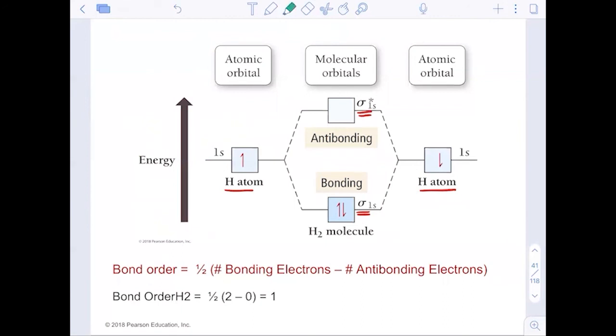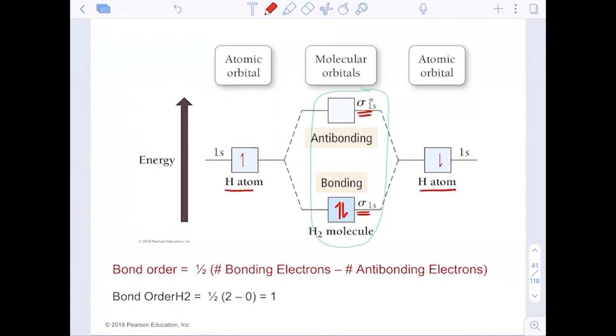Now this region right here is my new molecular orbital diagram, right? This is where I get to say, if I have 2 electrons, I start from the bottom and build up. I put my 2 electrons down at the bottom, and nothing has to go in the antibonding orbital.